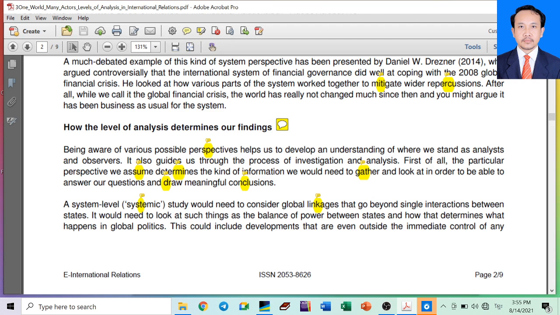The second question: how many levels of analysis does IR distinguish?